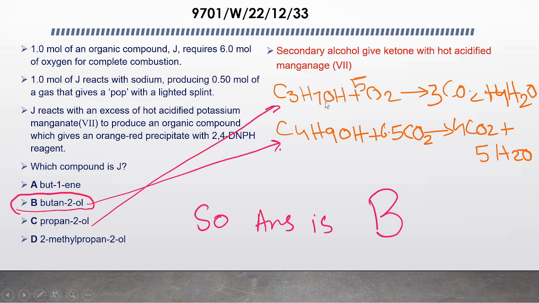Second important thing, the propanol alcohol uses only 5 moles of oxygen, while the butanol alcohol uses 6.5 moles of oxygen. So obviously this is correct. So answer is B. Here it is written CO2. It is not CO2, it is actually O2.